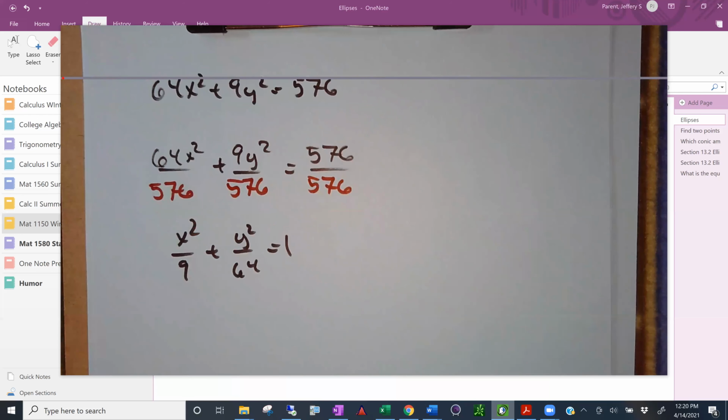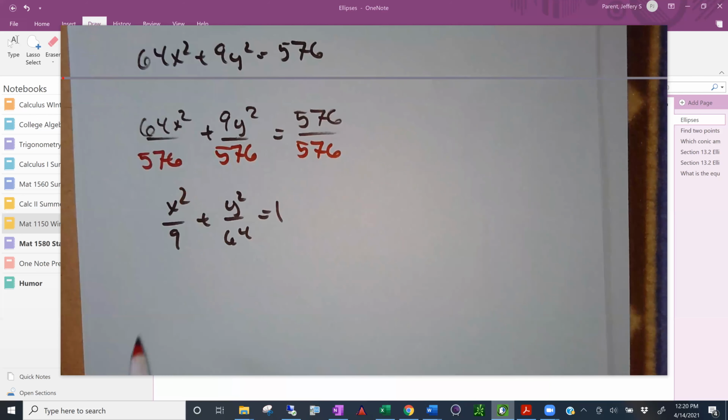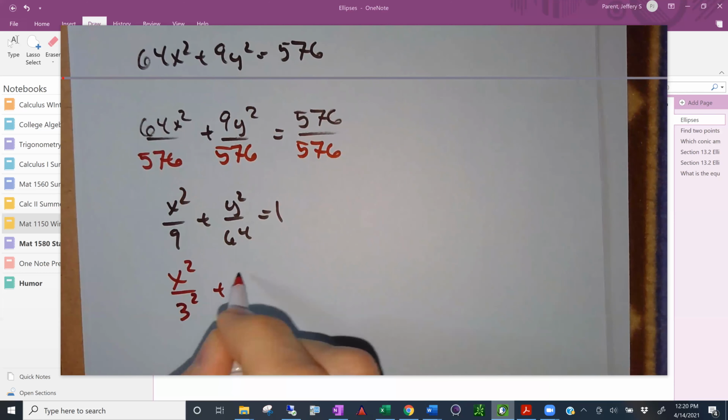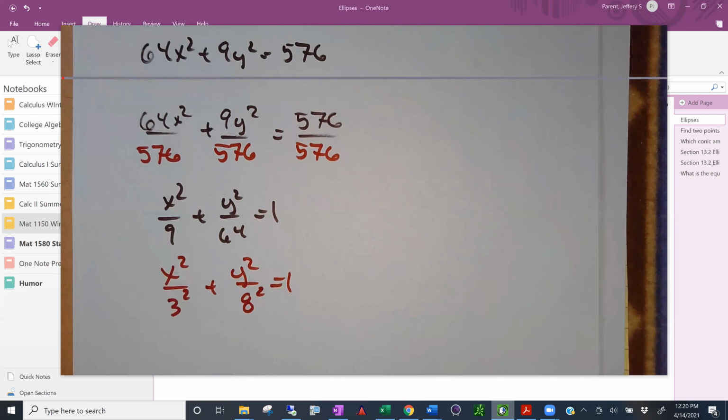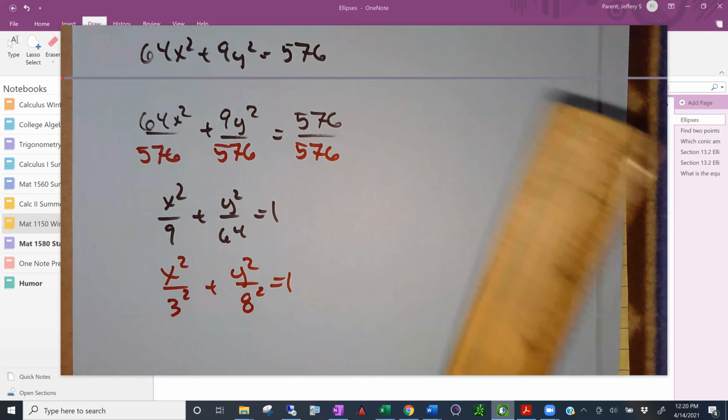You might benefit from doing one more thing to that, and that is writing it as x squared over 3 squared plus y squared over 8 squared equals 1. And the reason for that is because this is now in the perfect shape of an ellipse, and you can tell a few things about this ellipse. You can tell the distance from the center to the vertices in the x direction. You can tell the distance from the center to the vertices in the y direction.